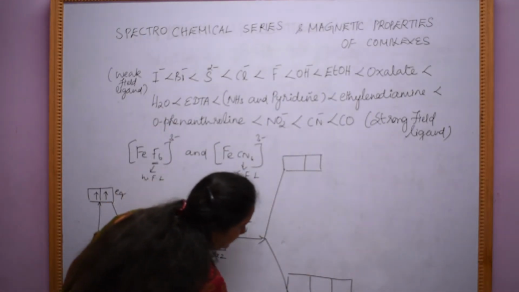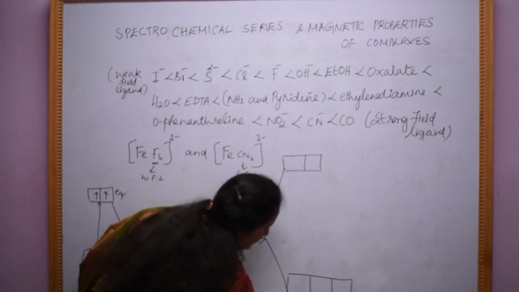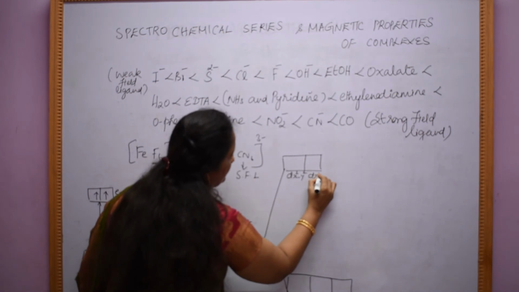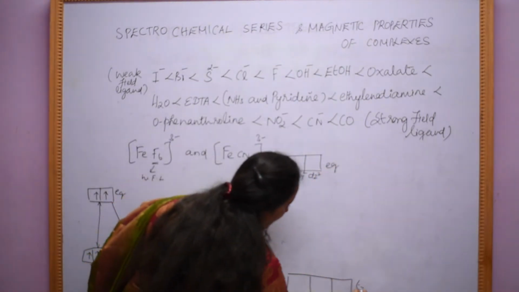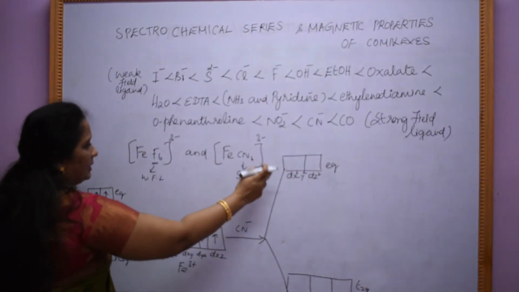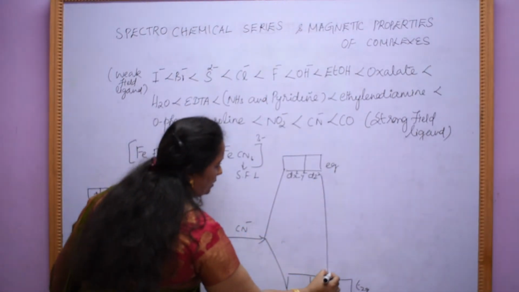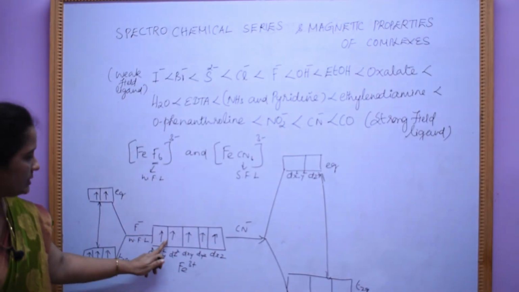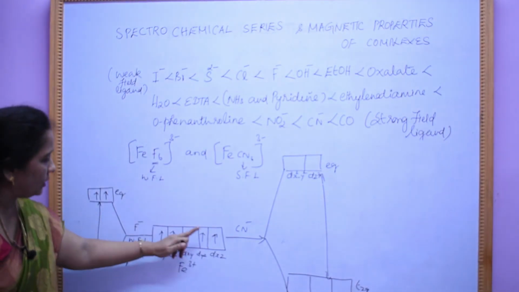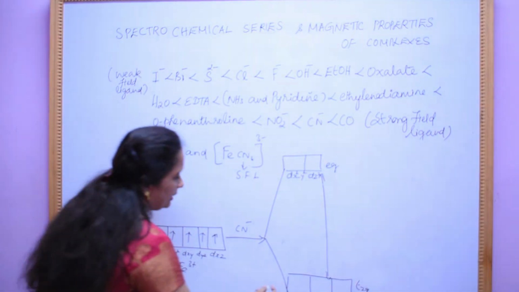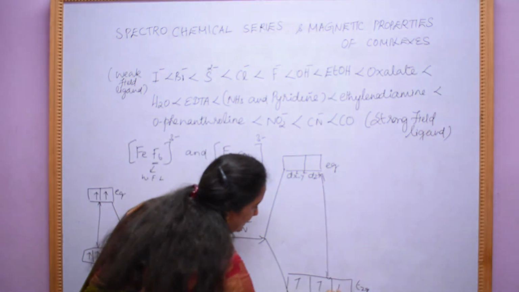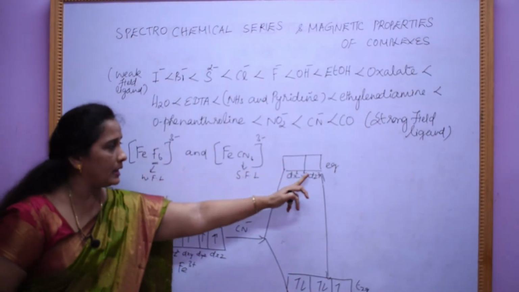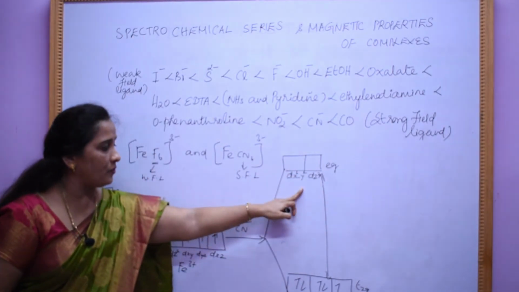Here dxy, dyz and dxz are T2g, and dx square minus y square and dz square are the Eg set of orbitals. Since the energy difference between T2g and Eg is more, the 5 d electrons are placed only in the T2g set of orbitals. There are no electrons in the Eg set of orbitals.